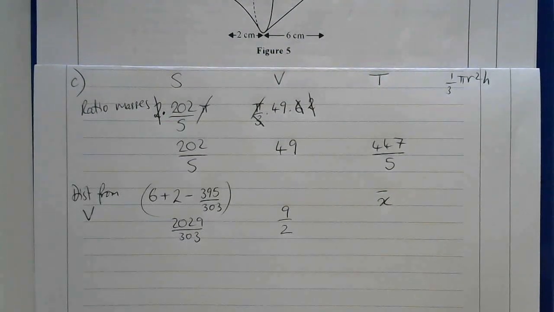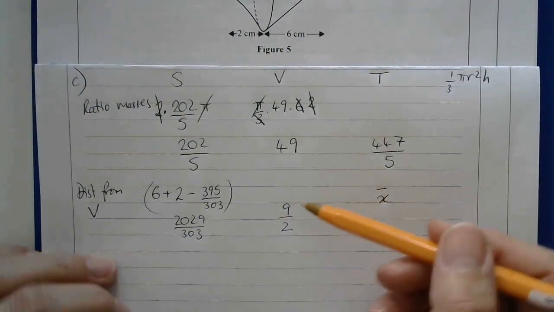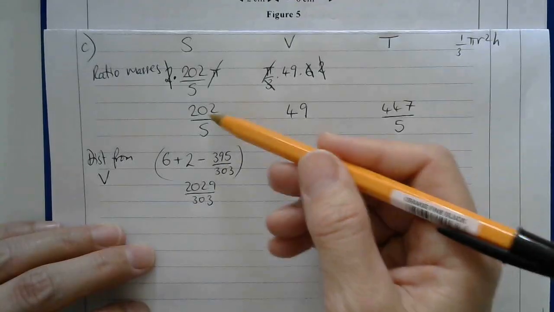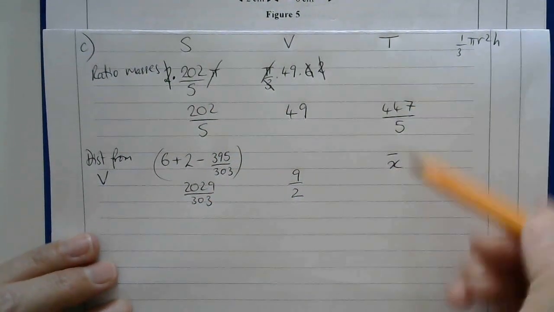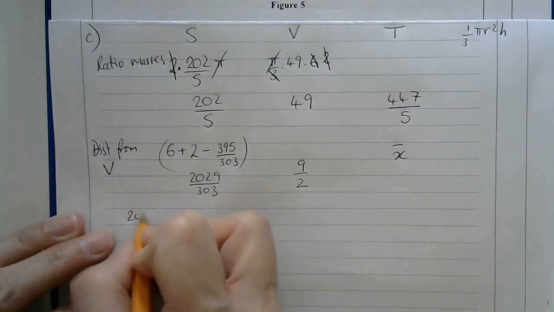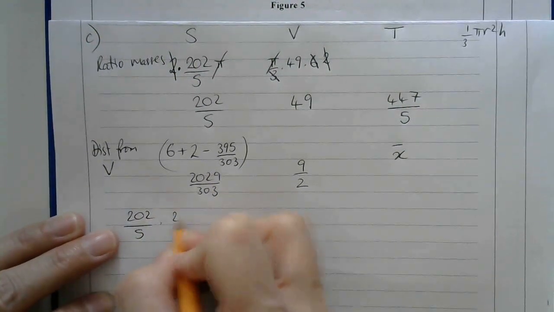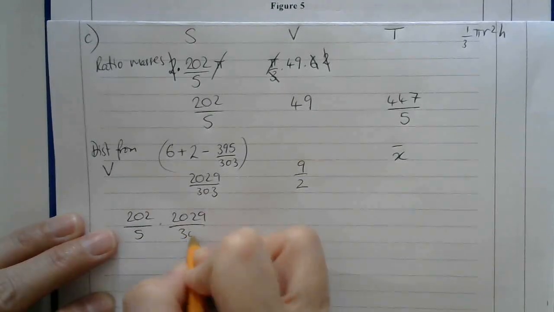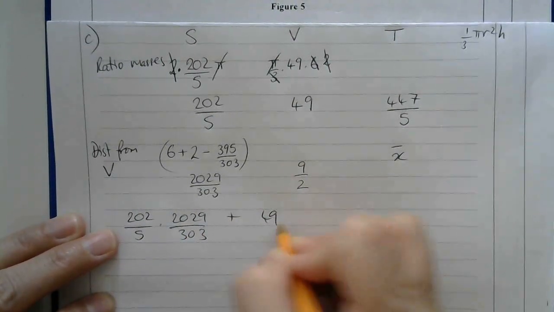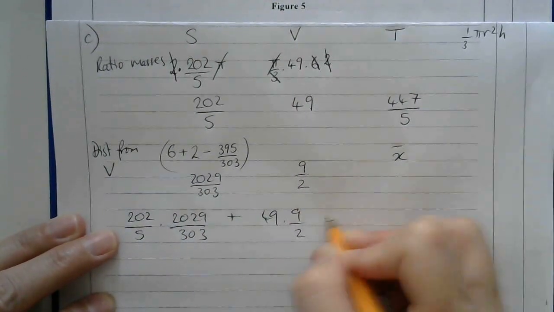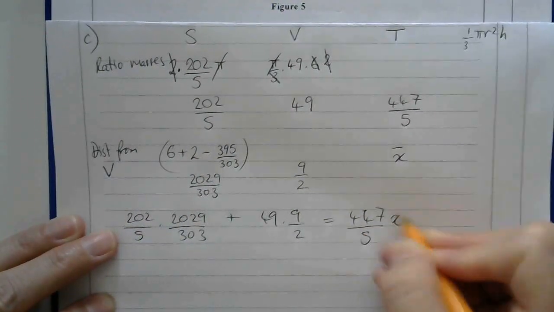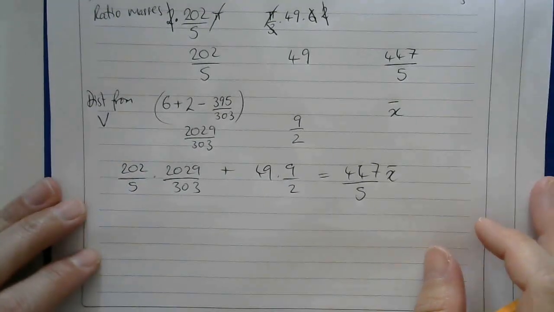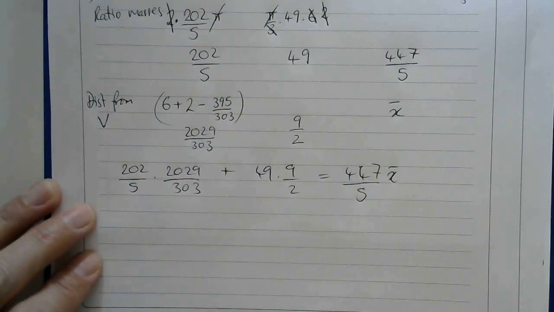Okay, so now I'm ready to use these values. So I'm doing this times this plus this times this equals this times this. So I've got 202 over 5 times 2029 over 303 plus 49 times 9 over 2 equals 447 over 5 times by x bar. So I can just stuff all of this in my calculator.